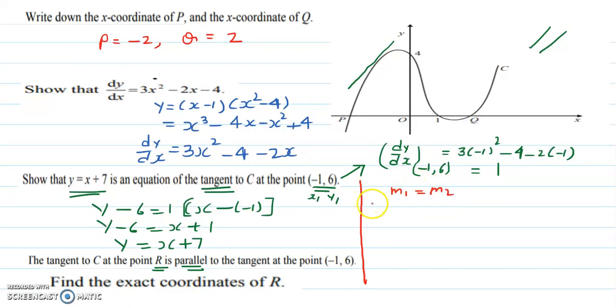M1 for the first line is this gradient, 3x squared minus 4 minus 2x. Let's equate it to the other line's gradient, which is 1.